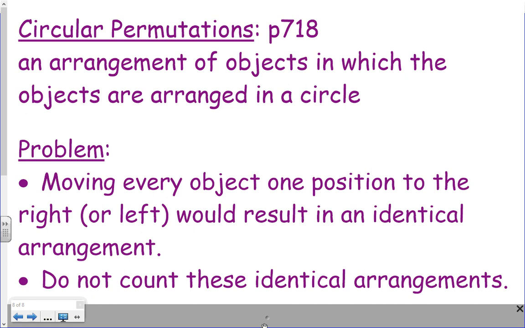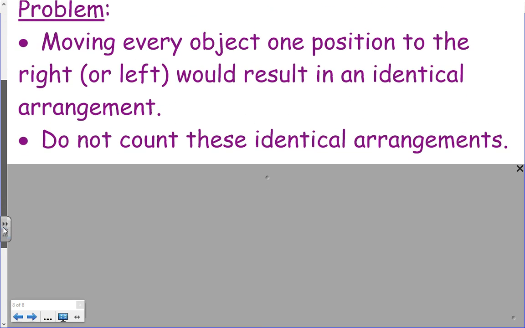Moving every object, in general, 1 position to either the right or the left would result in an identical arrangement. So in other words, we've counted some permutations that I can't distinguish between. So we do not want to count these identical arrangements. That's the problem. So what's the solution?